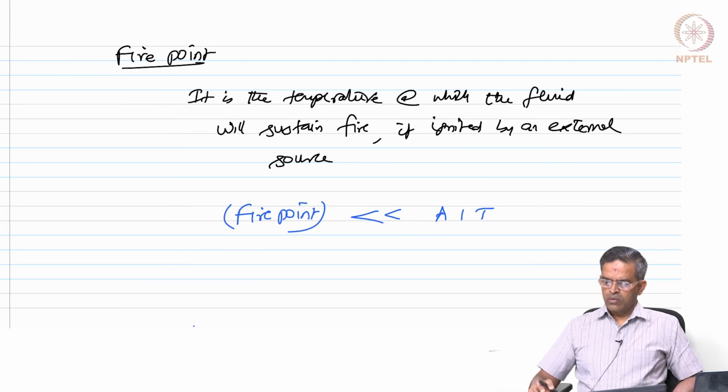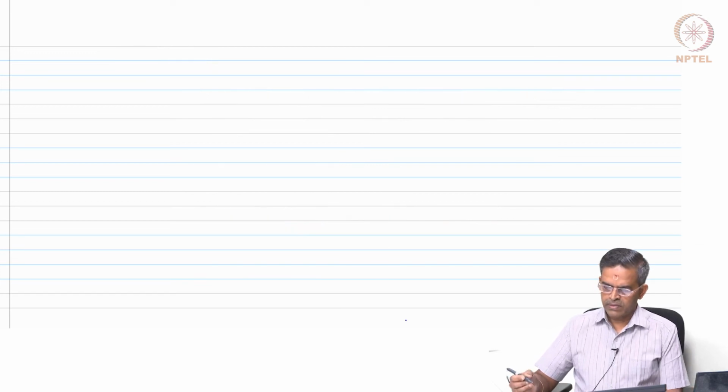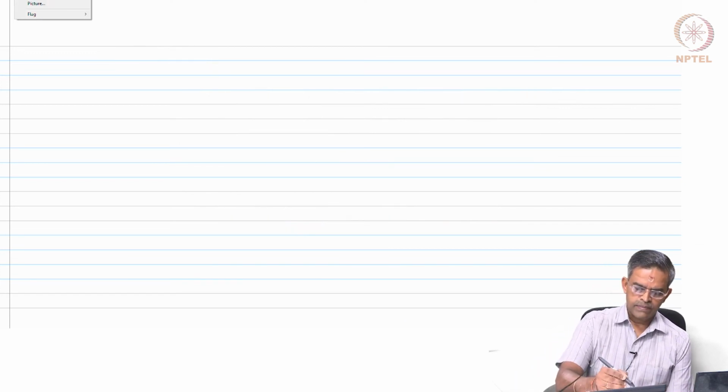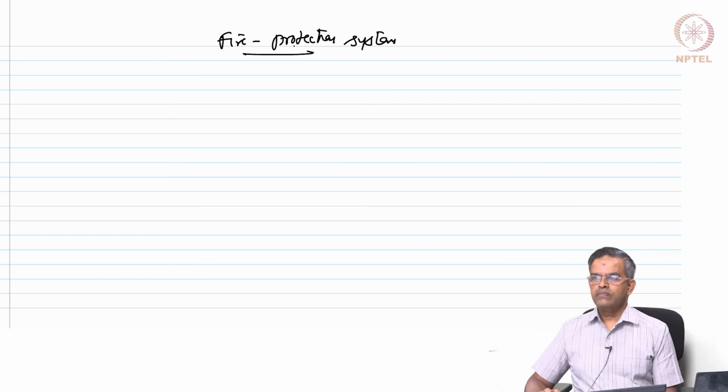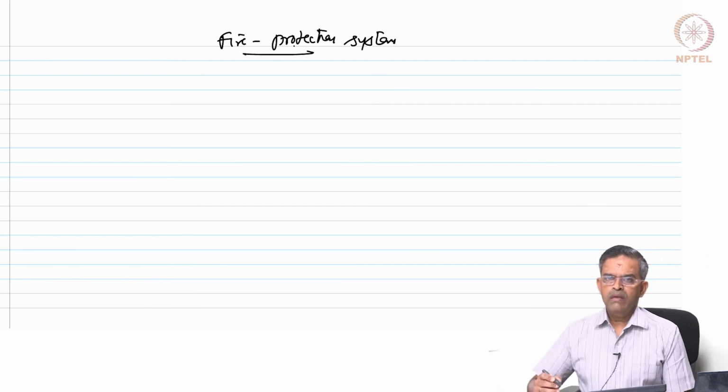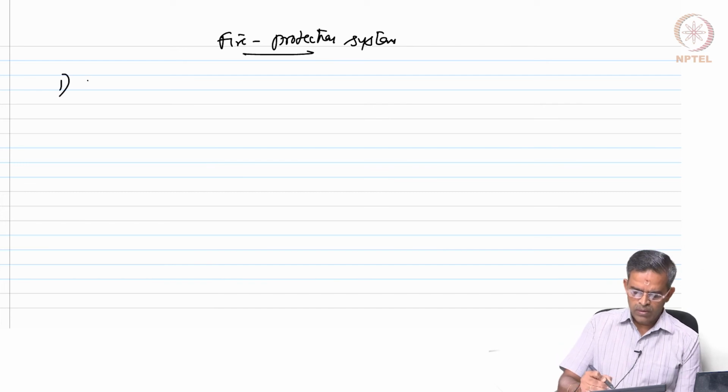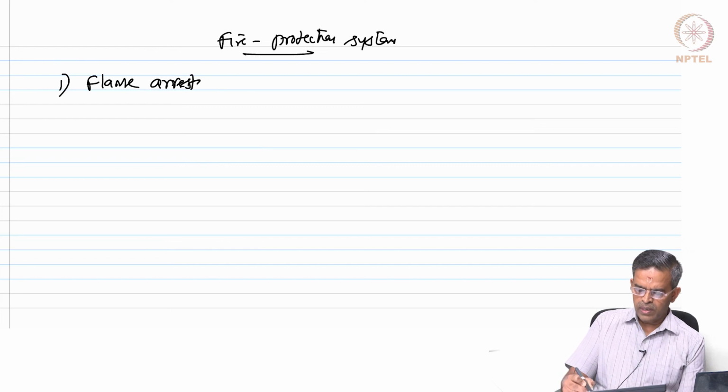Since we are writing about the fire resistant design, let us talk quickly about fire protection systems as well for our understanding. There are many fire protection systems available. One is called as the flame arrestor.